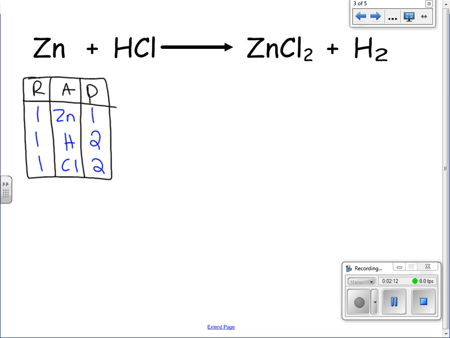And so looking at this RAP table, we can tell that our equation is not balanced. It is an imbalanced equation. We have not balanced it yet, so that's what we're going to have to work toward. Looking at each specific atom, yes, our zinc atoms are balanced, right?